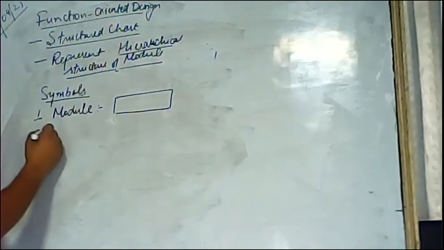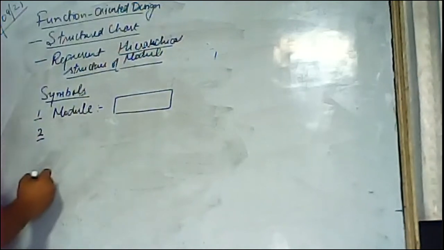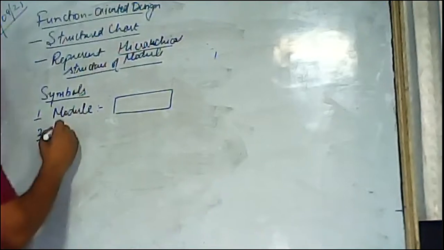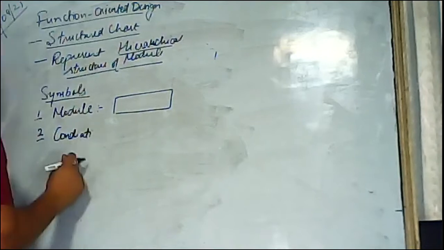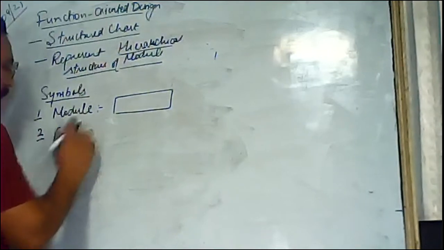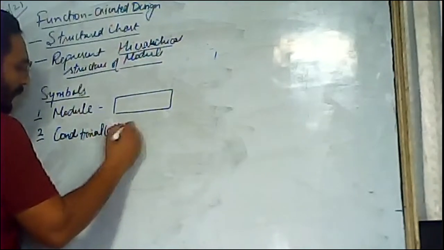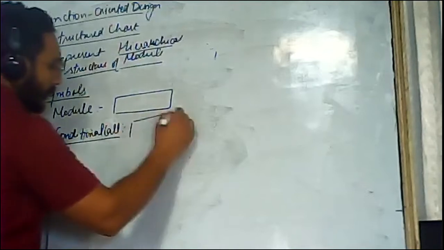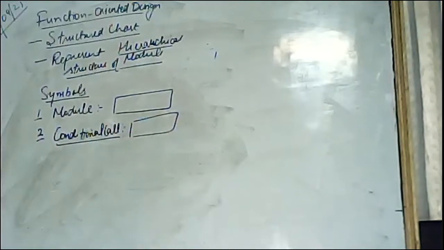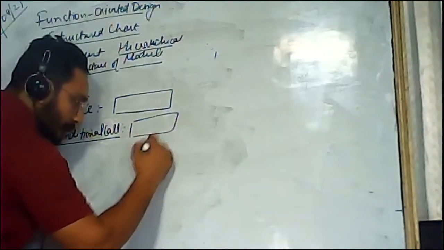Then there is the second symbol, and that is your conditional form. Where conditions are used, at that time we will use this symbol. This is your condition symbol.